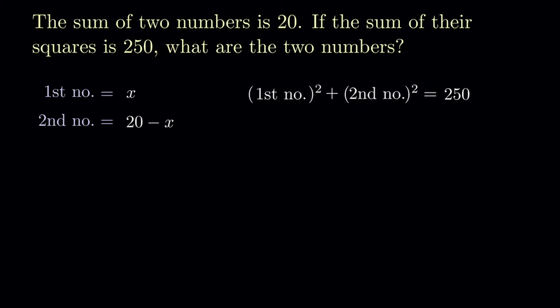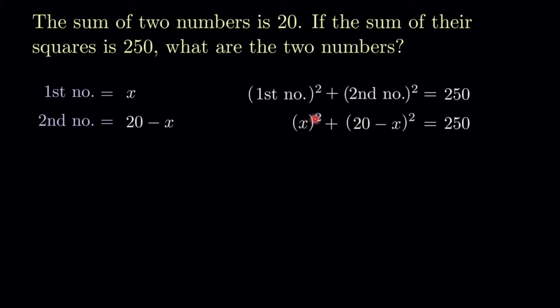Now, we can replace them with the representations of the first number and the second number. The first number is represented by the variable x, so x squared, plus the second number, which we represented as 20 minus x. So, 20 minus x squared equals 250. Now, we'll simplify.